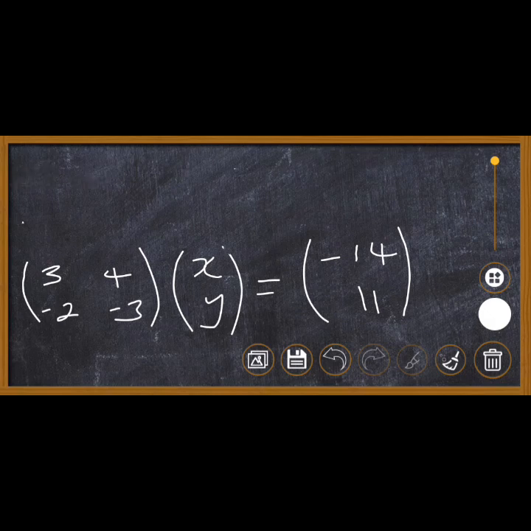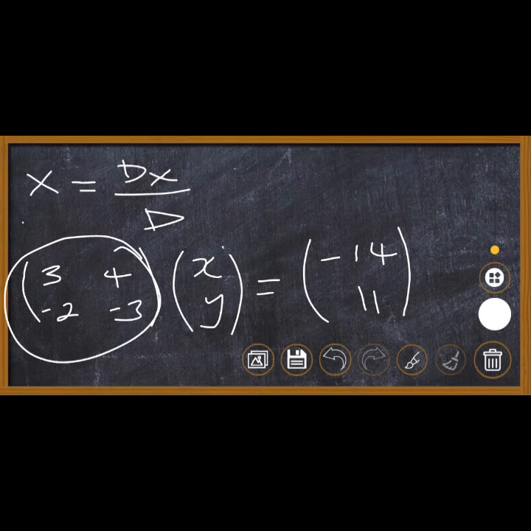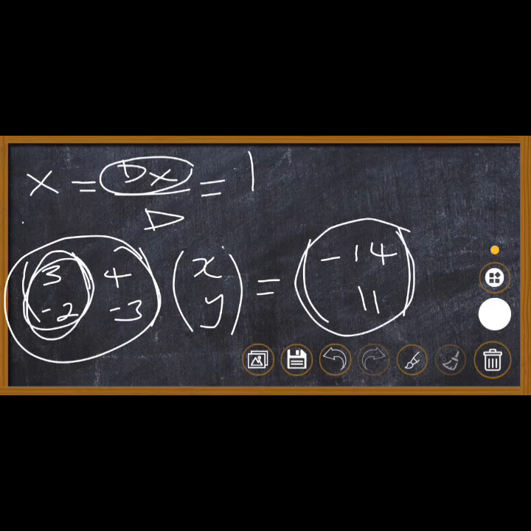So after you are done with this, for you to find the value of x, you find the determinant with respect to x, and then you divide by the determinant of the general given matrix. So for you to find the determinant for the x value, you replace the x coefficients with the answers here.